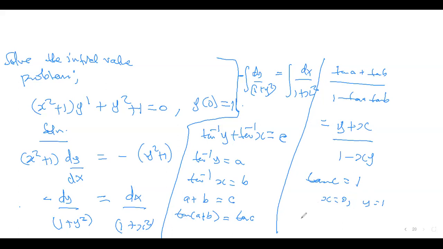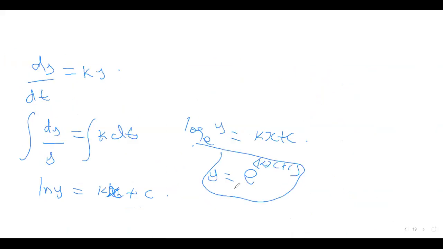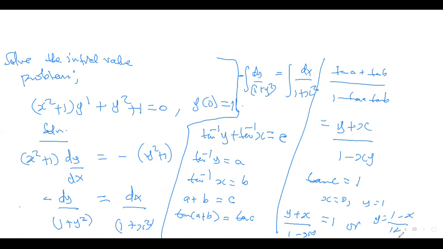And you'll find out that the solution to your ODE is y plus x over 1 minus xy equal to 1. Or simply, y equal to 1 minus x over 1 plus x.